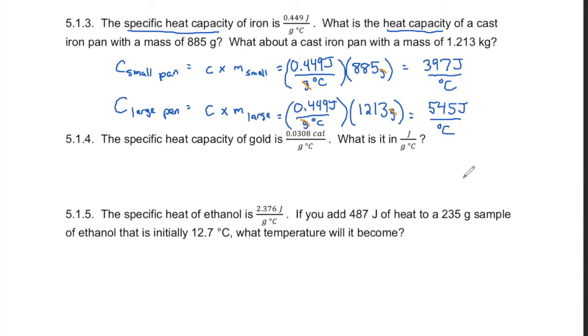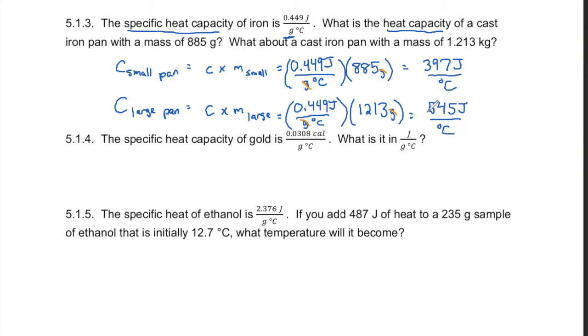So the difference between specific heat capacity and heat capacity is that specific heat capacity is an intensive property. It has the grams in the denominator. It will be the same for anything made out of iron, whereas the heat capacity is extensive. It depends on the amount of material that you have.